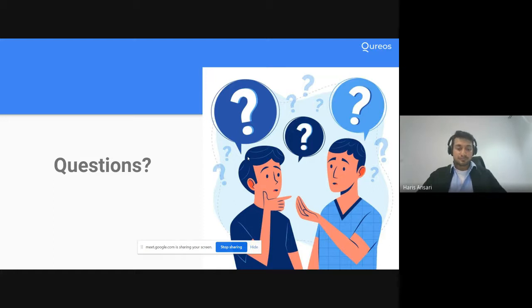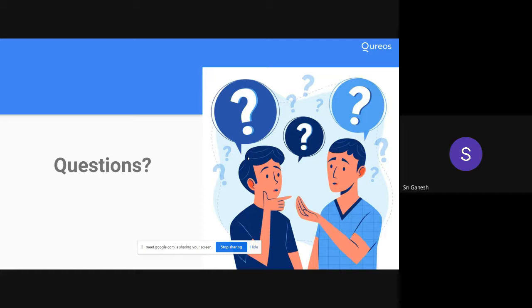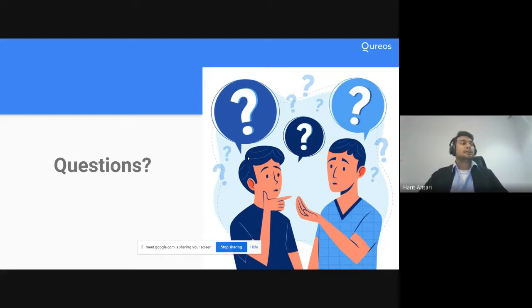But if a user exits the website after spending a few minutes on the site, is this considered a bounce? I'll have to check for that. I think it's 30 seconds if I'm not wrong. I'll have to check the exact duration a user has to spend in order to not count it as a bounce.